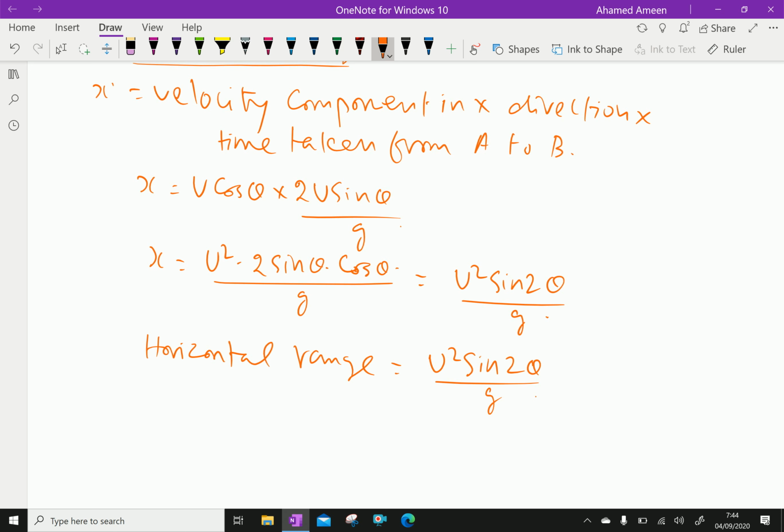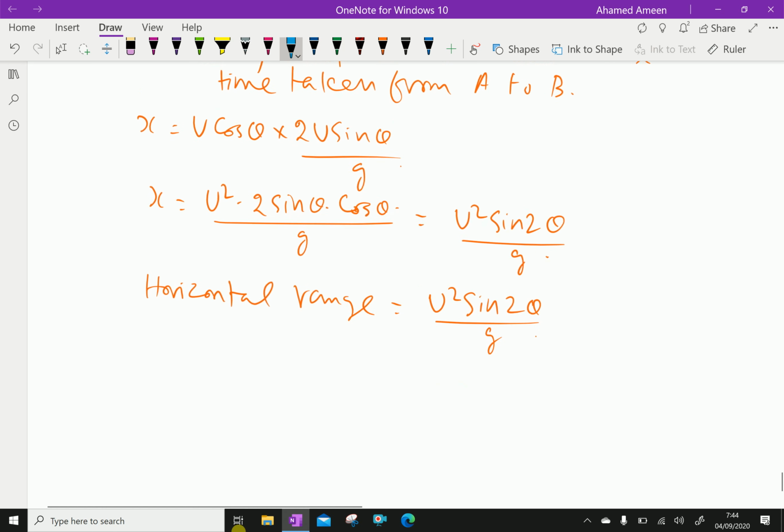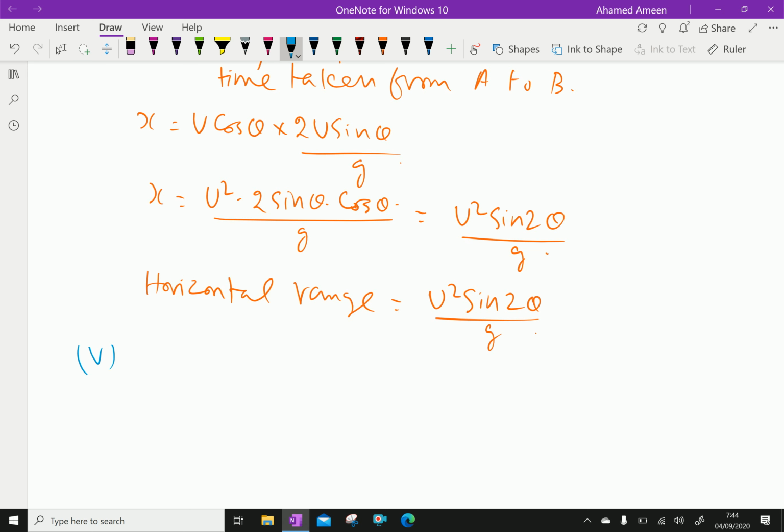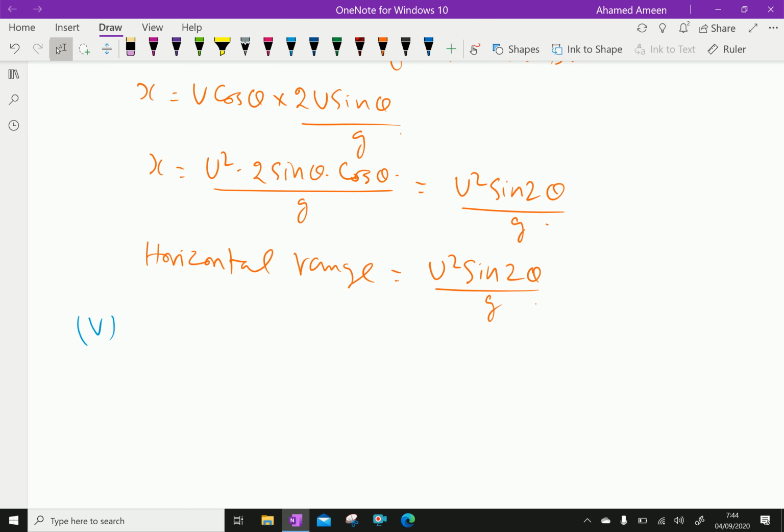Fifth one, the value of theta for maximum range.